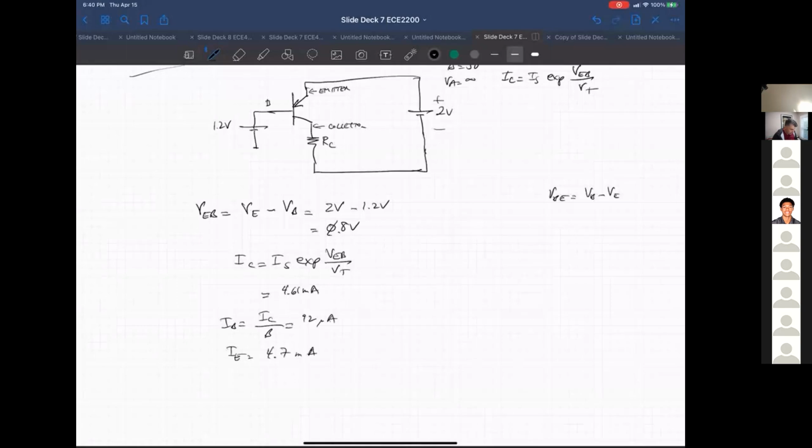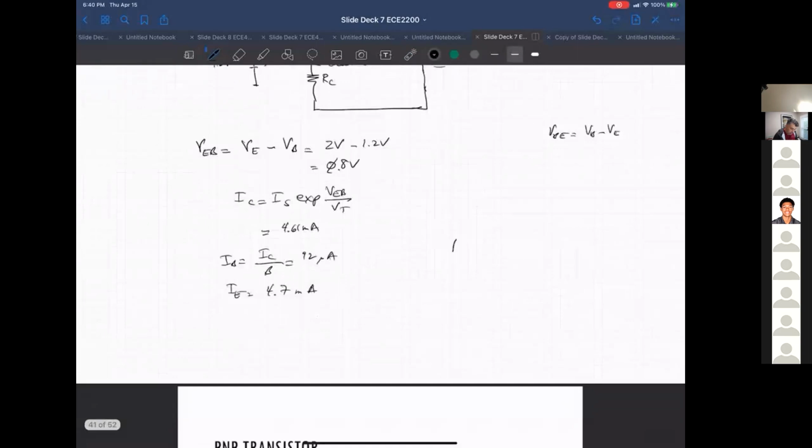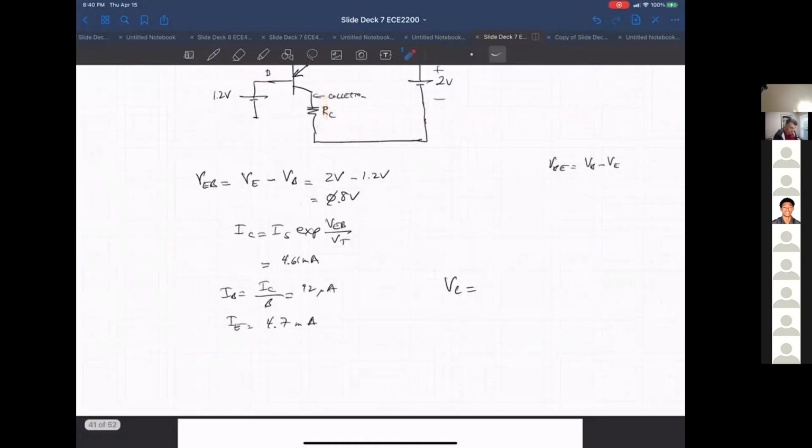Okay. We want to make sure that this is in forward active, so this junction is forward biased, and we want to make sure this one is reverse biased. So we want to figure out this voltage here. Just to verify it, the voltage at the collector is this current I sub C going through the resistor R sub C above ground.